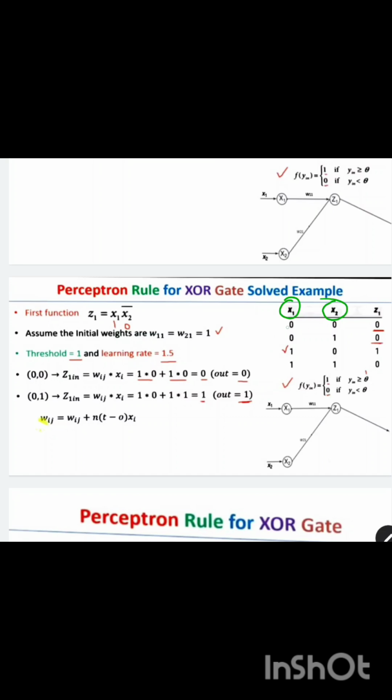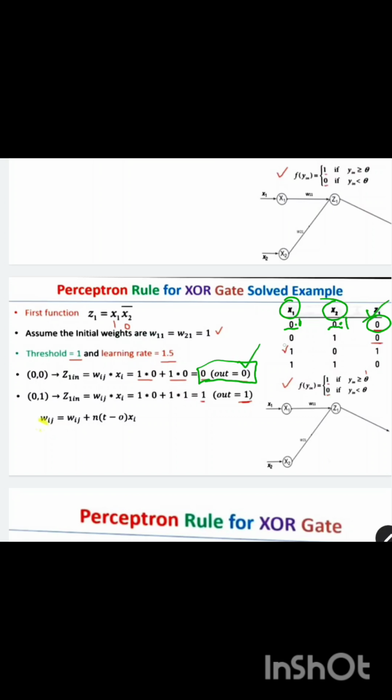So for x1 equal to 0 and x2 equal to 0, what will be the value when we multiply the weights? What are the weights? 1 only. So 1 into 0 and 1 into 0, we will get 0 as the output, and this was the target output. So it means that our actual output is equal to target output.